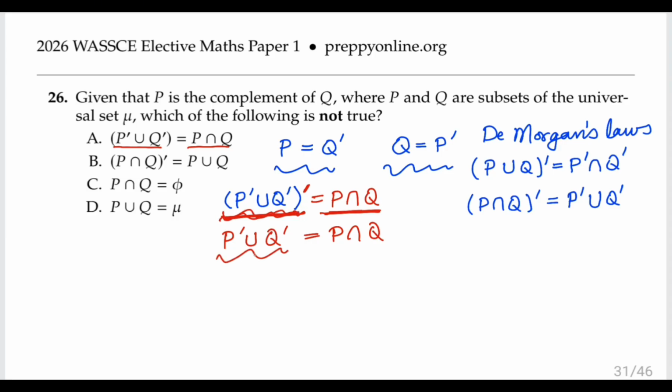In other words, we need this to be equal to its complement. And the question is, is that possible? Is it possible for a statement or for a set to be equal to its complement?